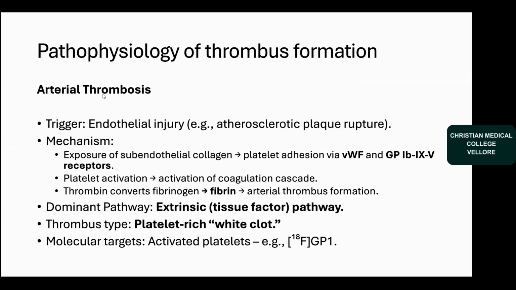If we look at arterial thrombosis, most commonly the trigger factor will be endothelial injury. For example, there could be an atherosclerotic plaque rupture. When there is endothelial injury, subendothelial collagen will be exposed, along with von Willebrand factor and exposure of GP1B receptors.